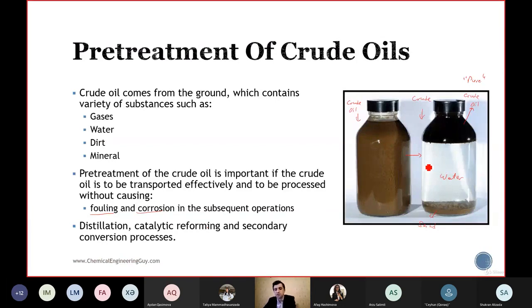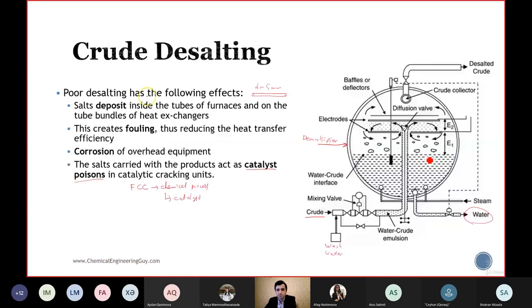Once you have this emulsion, it is easier to separate the oil and water. The demulsifier is not added here. It is added before the crude is mixed with water. Here you can see it says water-crude emulsion.